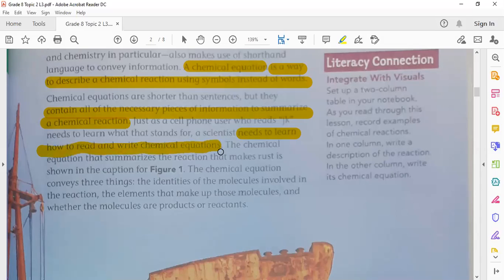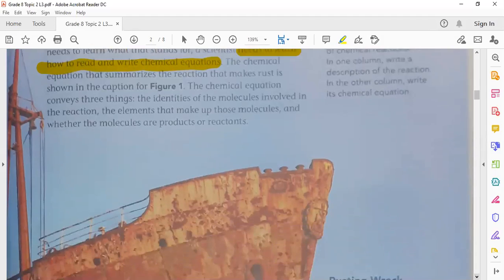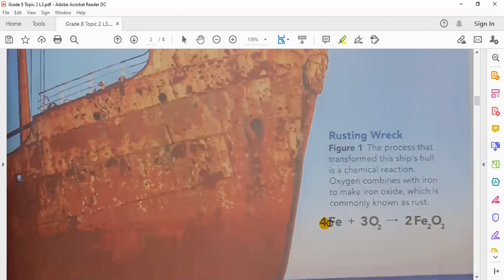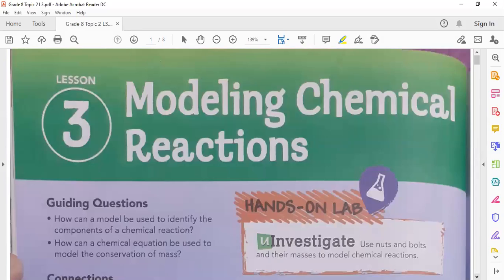The chemical equation summarizes the reaction, and that is shown in the figure here. For example, this is a chemical equation. This chemical equation shows or explains what happens in rusting.